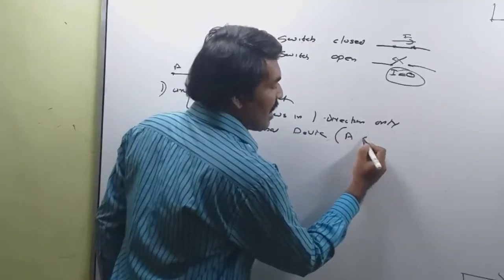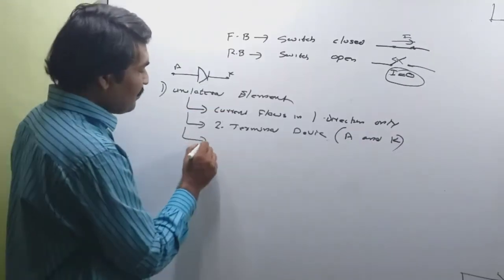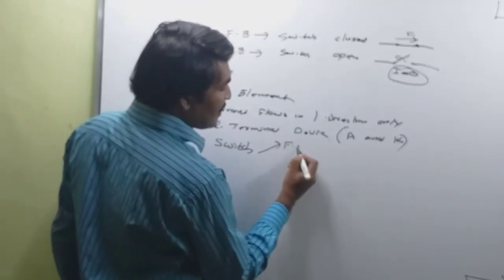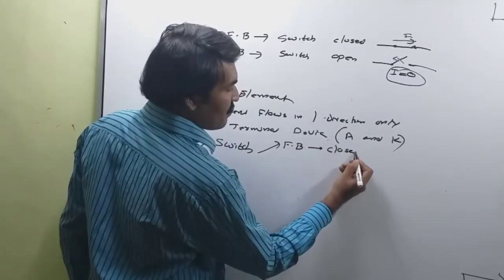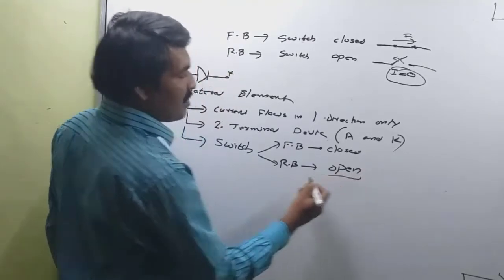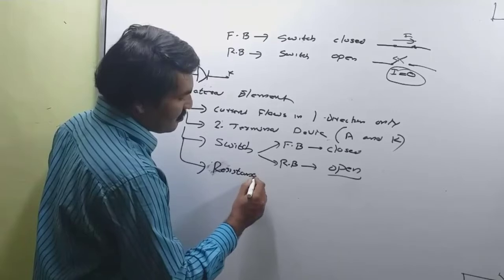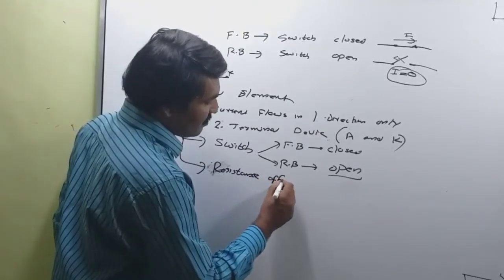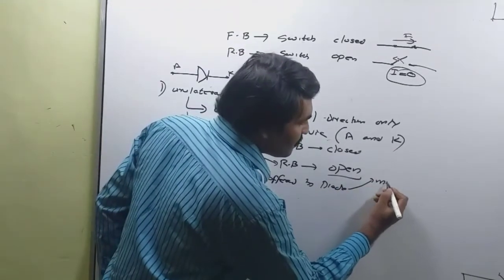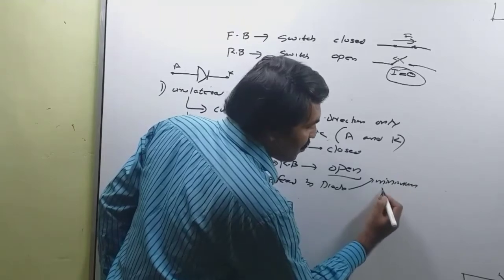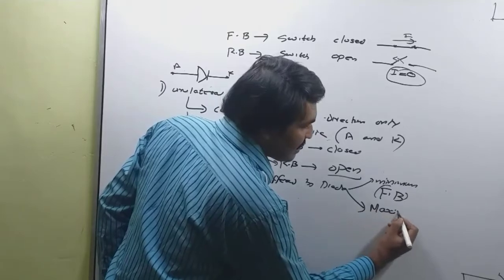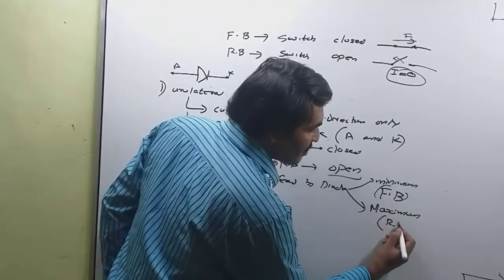Third point, it is used as a switch. Under forward bias condition, the switch is closed, and under reverse bias condition, the switch is open. The resistance offered by the diode is minimum in forward bias condition, and the resistance offered is maximum in reverse bias condition.